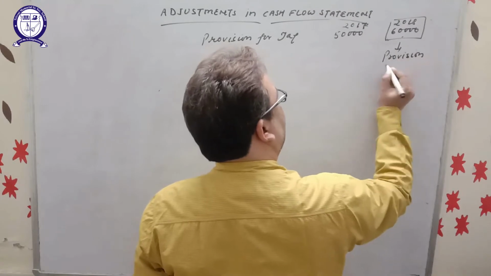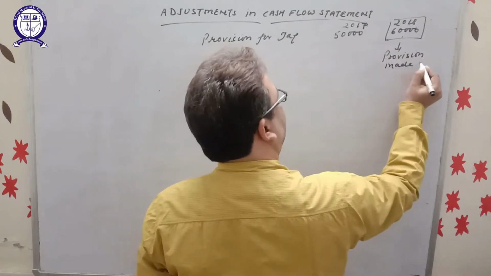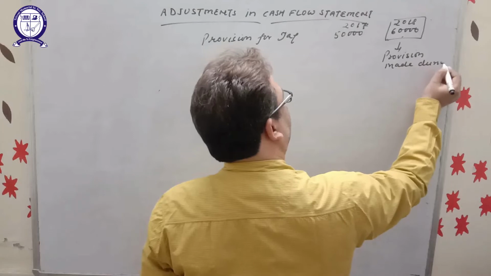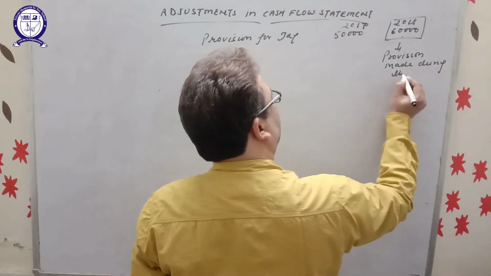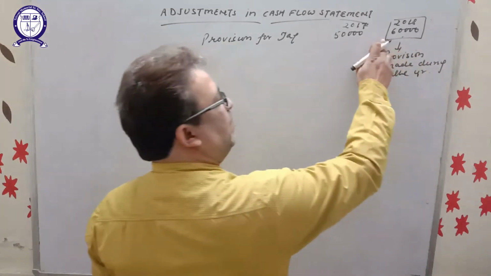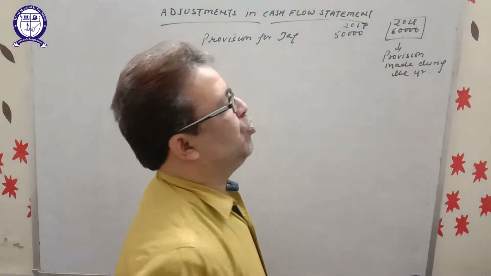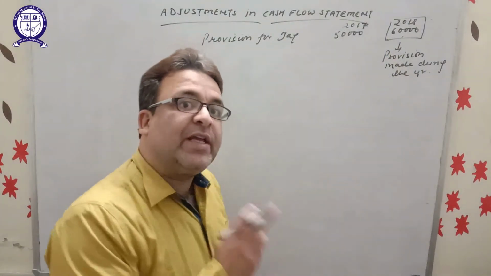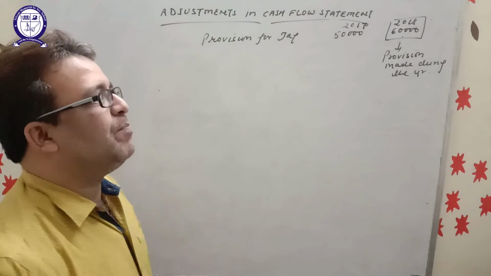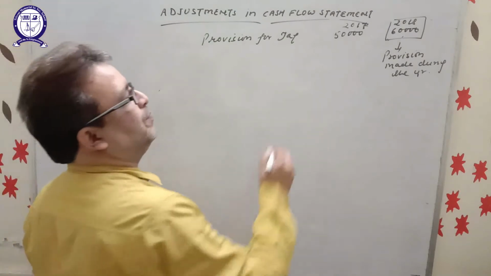Provision made during the year will be added back to the net profit in the working note while calculating profit before tax.